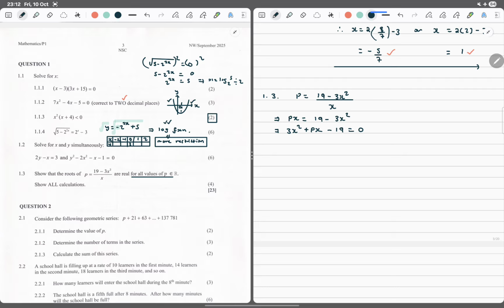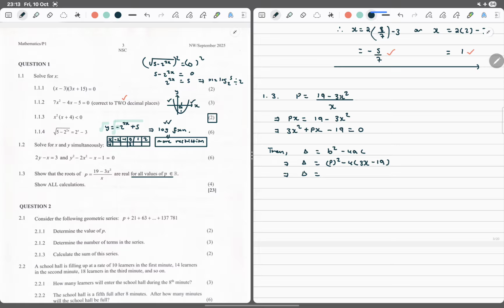And we know that for us to evaluate the nature of roots here, we need to look at the discriminant. We know that the discriminant is b squared minus 4ac. So what is this? It's going to be p squared minus 4 into 3 into minus 19.